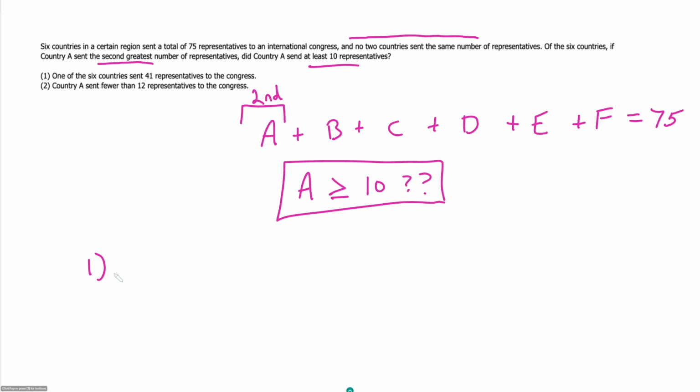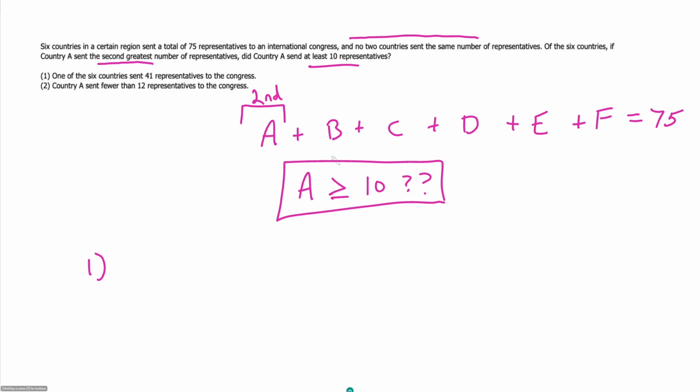Statement 1: One of these 6 countries has sent 41 representatives to the Congress. Ultimately, we really only care about A. So perhaps the first thing to ask is, is it possible that A sent the 41 representatives? It is not, because if A sent 41 and A is the second greatest, then the country that sent the greatest would have had to send at least 42 representatives, and in that case you would already be over 75. So it cannot be A. Let's just assign a country at random.